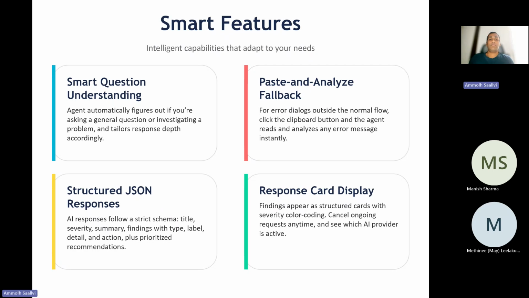Of course, the AI requires structured JSON responses, so it will give JSON responses with the title, summary, and findings, and then show them in cue cards. The response card will display the findings. There is also color coding, which I put in based on severities, and you can see what the findings are, what the resolution is, and what kind of time you require.